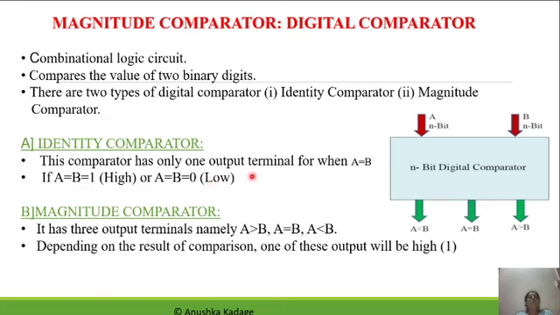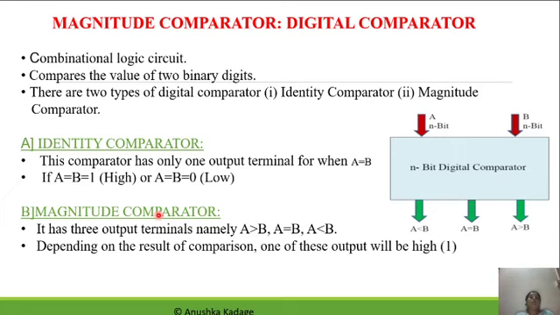But through the identity comparator, we have only one output terminal on the IC, and it will exhibit the comparison result of equality only. That is whether A is equal to B or not. And that A equal to B will be represented by logic high by setting the output to 1, and logic low by setting the output to 0.